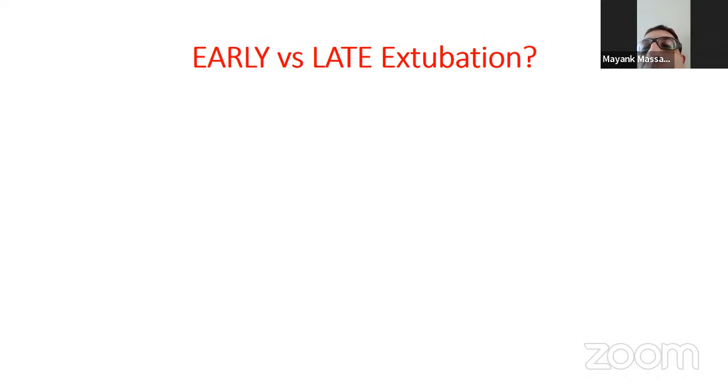Then comes the point of extubation. If all these three parameters are fulfilled, then definitely we go ahead with extubation on the table. But if there is a prolonged surgery, if there is a surgery in which too much handling of important structures has happened, and the patient got hemodynamically unstable, then we shift the patient to high dependency unit, and then we go for a late extubation.